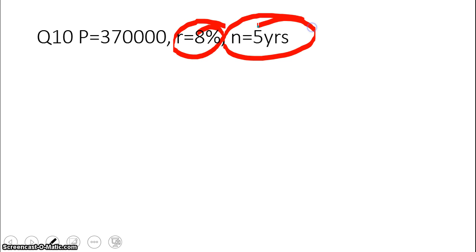In question 10, we're asked to pull out the key points. So house prices are expected to grow by 8%, so that's our increase over the next 5 years. There's our n, and what's the value of a house at $370,000 after 5 years.